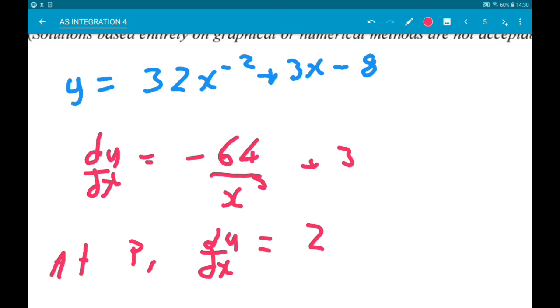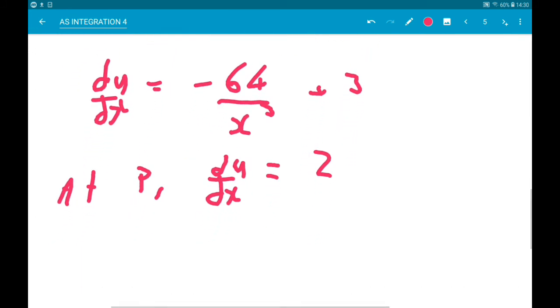Now, that's the gradient of the curve at P. So the gradient of the normal is the negative reciprocal. So, I like to call my normal gradients m with a little n. So that's going to be minus 1/2.